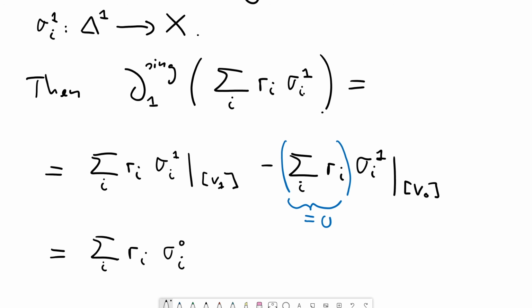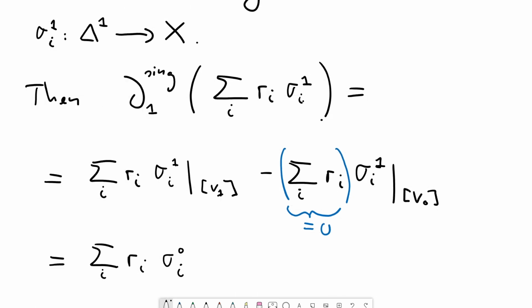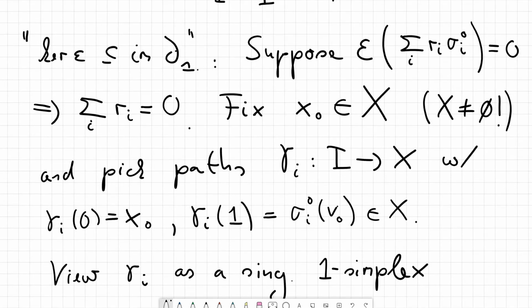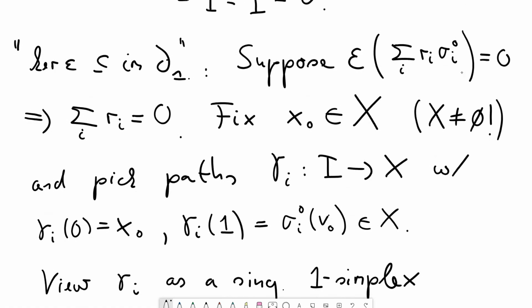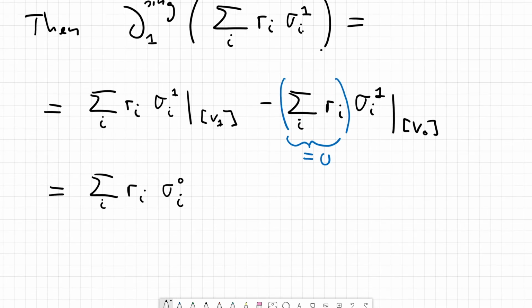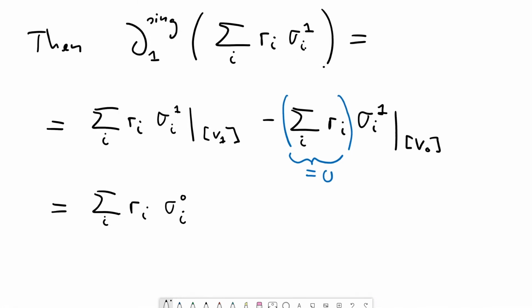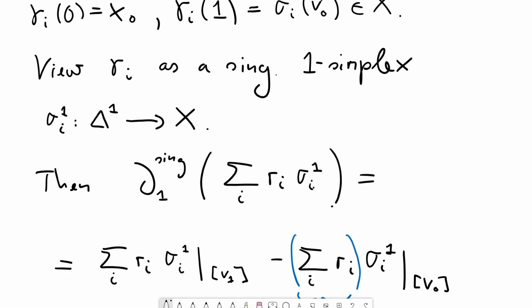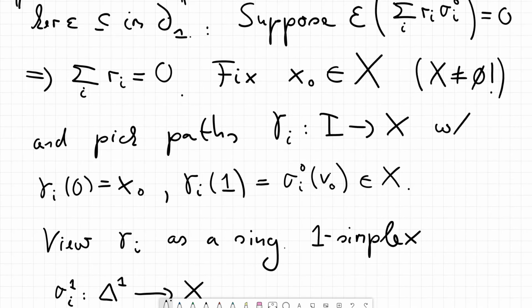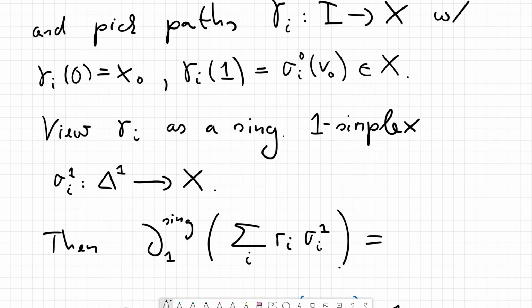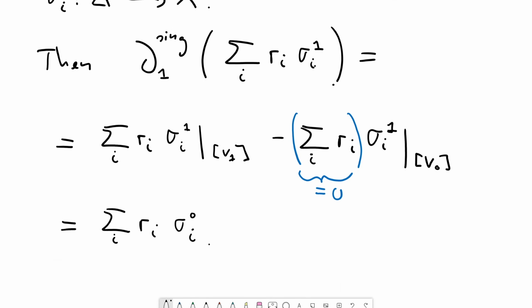So we now see that this is precisely what we wanted. We started with a singular zero chain, up here, which was in the kernel of epsilon. And now we produced a pre-image, namely this one here, under D1, which maps to this given element. So we showed that actually the other inclusion also holds. Kernel epsilon is contained in the image of D1, and therefore the proof is now complete. So let me draw the box.